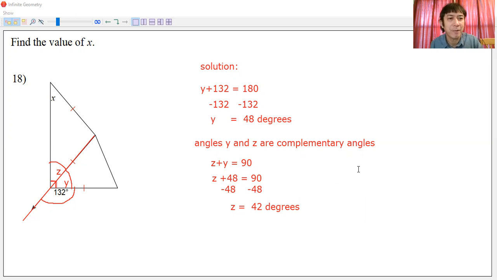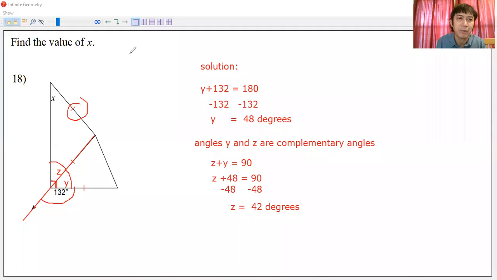Now, what is the relation of z to x? We can consider the next figure over here. If you consider this other triangle, you can see this side and this side are equal.